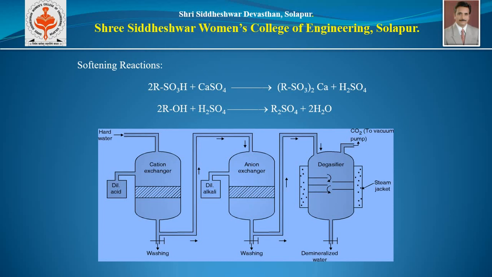Now the water containing H2SO4 comes in contact with ROH, the anion exchange resin. SO4 is an anion, OH is an anion, so there is an anion to anion exchange, and there is removal of the anion of the hardness producing salt, and the SO4 remains in the resin.